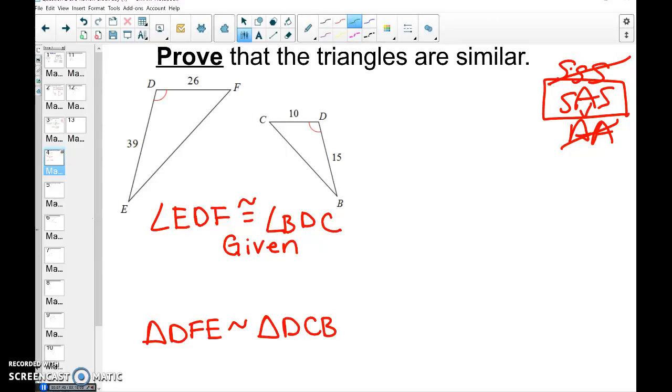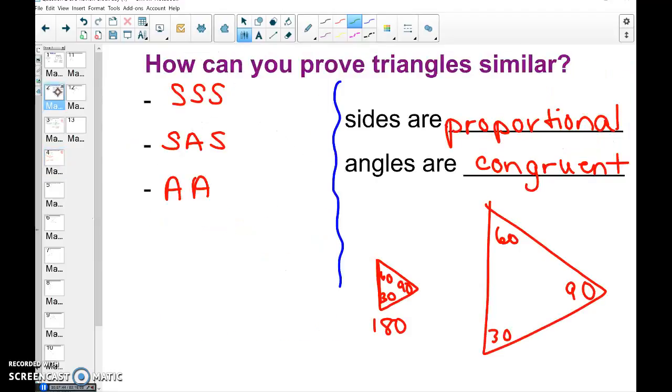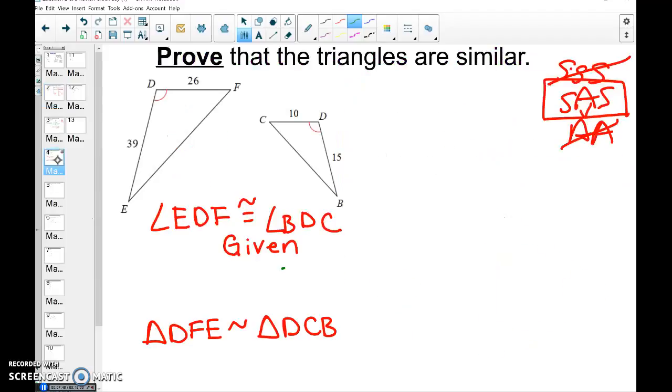Now at the sides, you are not going to write something like this. Remember we talked about in this slide that the sides are proportional. They're not congruent. That means you have to actually make a proportion. So I have two sets of sides, so I'm going to make a proportion for those. A lot of you can probably see where the numbers match up, but to make sure, you need to use the trick we talked about when we did this unit.